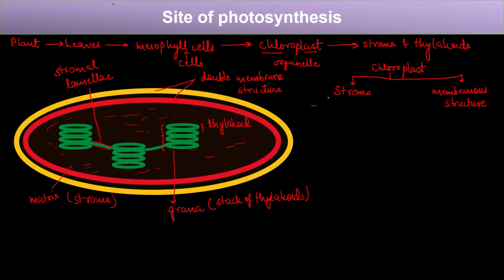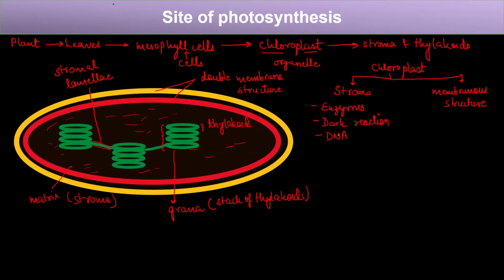In the stroma, we have different enzymes that we'll see in upcoming slides. In the stroma, the dark reaction of photosynthesis takes place. Apart from this, the stroma has DNA, because in the cell chapter we have studied that chloroplast and mitochondria are the two organelles that consist of their own DNA, along with the nuclear DNA.